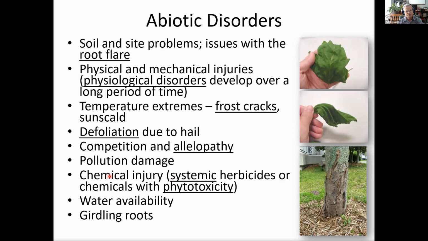We can also have chemical injuries, systemic herbicides, or chemicals with phytotoxicity. I've worked on the Imprelis project for about 5 years. This company produced this product called Imprelis. It was a post-emergent herbicide that was going to become the best thing ever made, especially for golf courses. It was an excellent post-emergent herbicide.